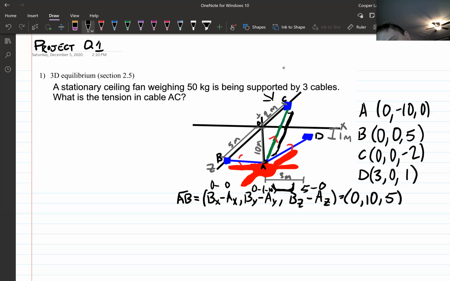When you calculate magnitude, you're grabbing each component and you square each one of your individual points. So you do 0 squared plus 10 squared plus 5 squared.